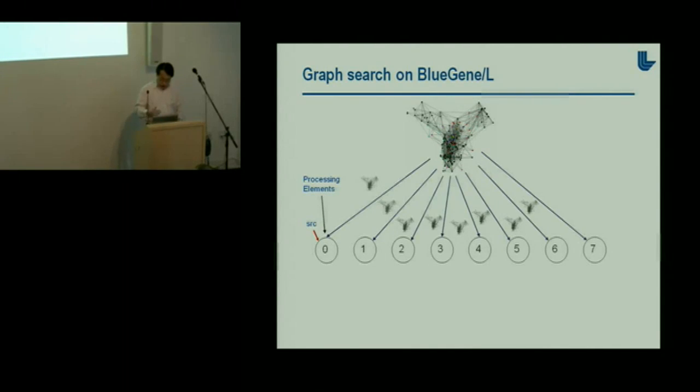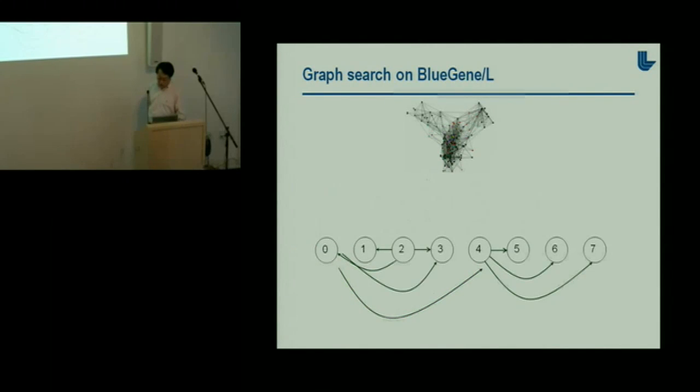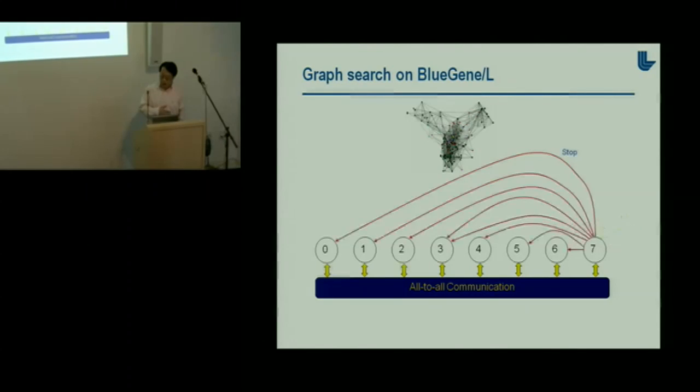Then they start reading the adjacent vertices and send out the next level sets to the proper owners of those vertices. After receiving these messages, they do the same: they find the next level sets and send them out to the other vertices. Eventually, the communication pattern becomes all-to-all communication, which is a very expensive type of communication, until one finds that the destination is there, and then it sends out messages saying, stop, we are done.